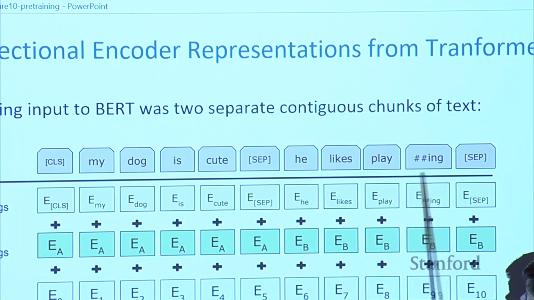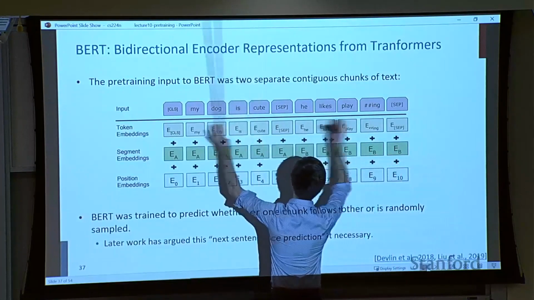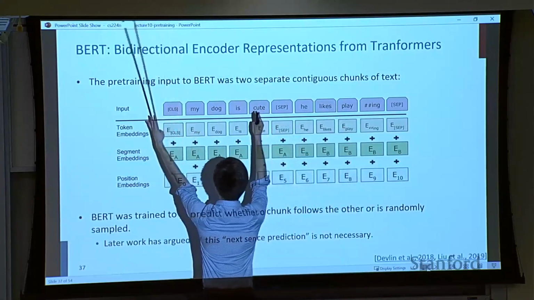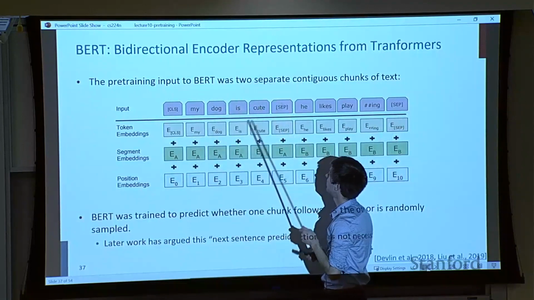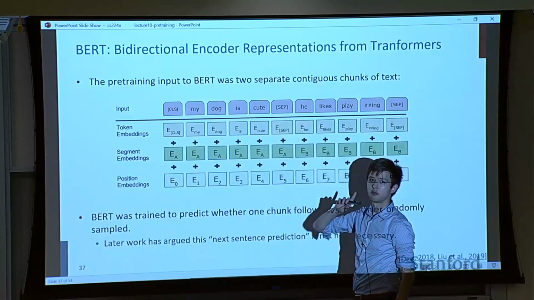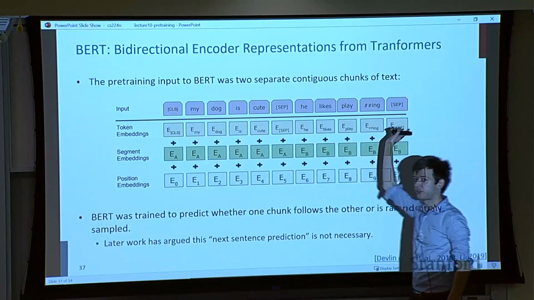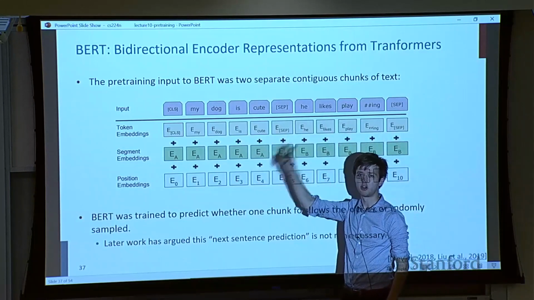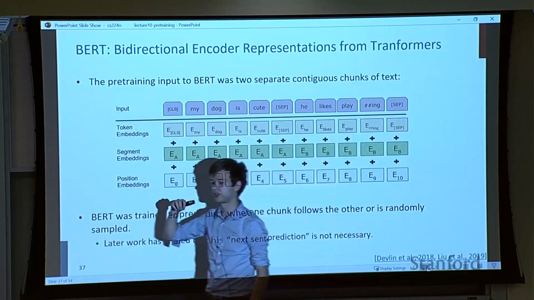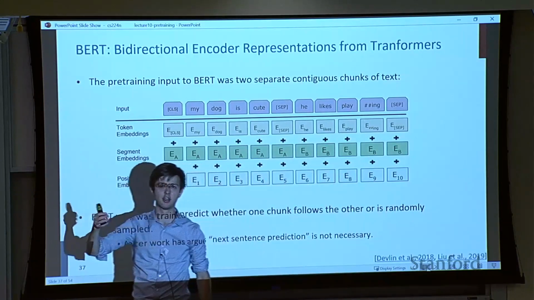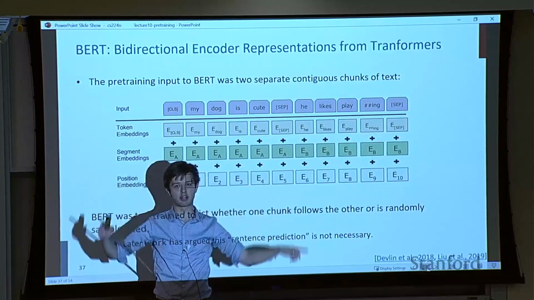And now these would actually both be much longer, right? So this whole thing would be 512 words. This would be about half, and that would be about half, and they'd be contiguous chunks of text. But here was the deal. What they wanted to do was teach the system to understand relationships between different whole pieces of text in order to better pre-train for downstream applications like question answering, where you have 2 pretty different pieces of text and you need to know how they relate to each other.